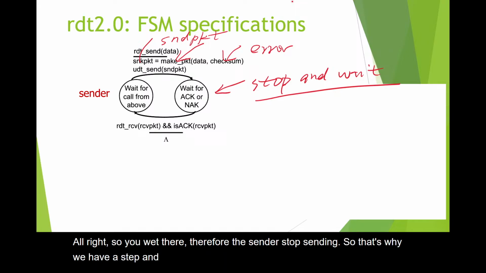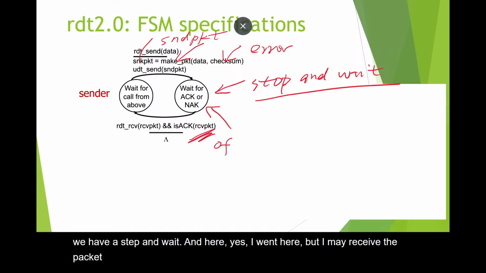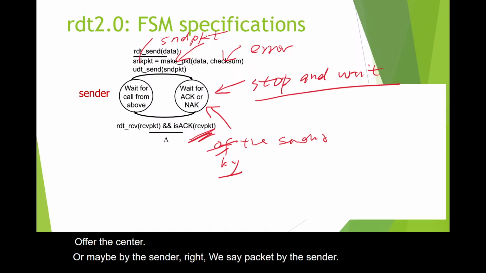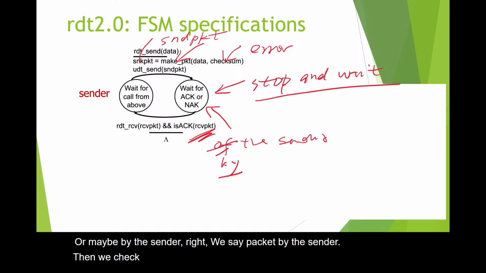And here, yes, I wait here, but I may receive the packet. So receive packet of the sender, or maybe by the sender, right? Receive packet by the sender. Then we check it. Oh, I received it, so is it ACK?